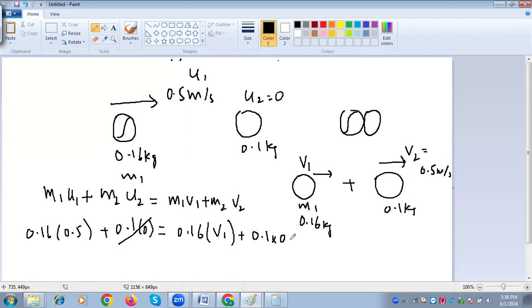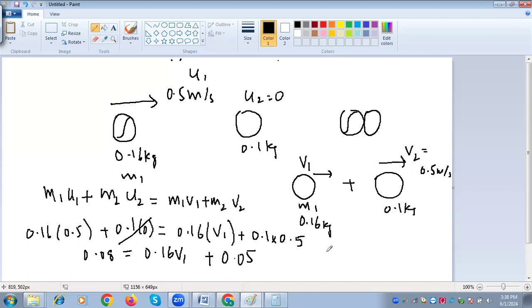M2 into 0.5. So 0.16 into 0.5 will be 0.08, equals 0.16 V1 plus 0.1 into 0.5, 0.05.